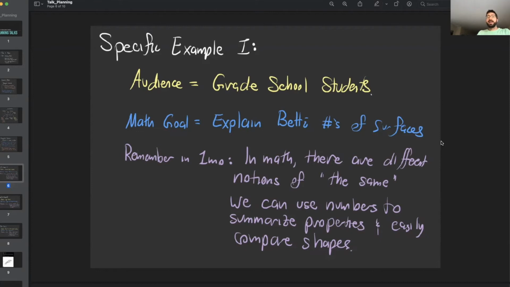And then I had them trade the sheets of paper that were the same shapes with one of the other groups, and had that group then try and explain what was the same about all the shapes that were drawn on that sheet of paper. Did they have the same number of corners?